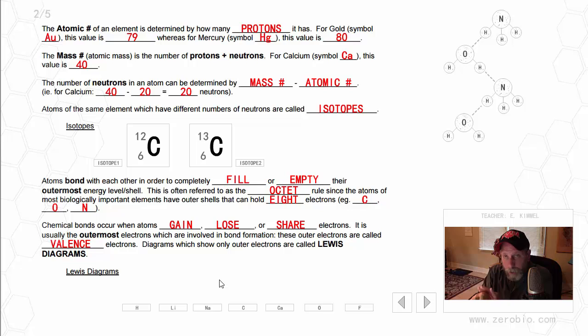It's like the lower layers of your skin, all right? Again, when you shake hands with somebody, it's the outer layers of your skin. That's the important part. So therefore, what we really care about here in biology and in chemical reactions are the valence electrons, the outermost electrons, not the 2 in the first shell, but it's the 3 on the third shell, the outer shell, whatever it is.